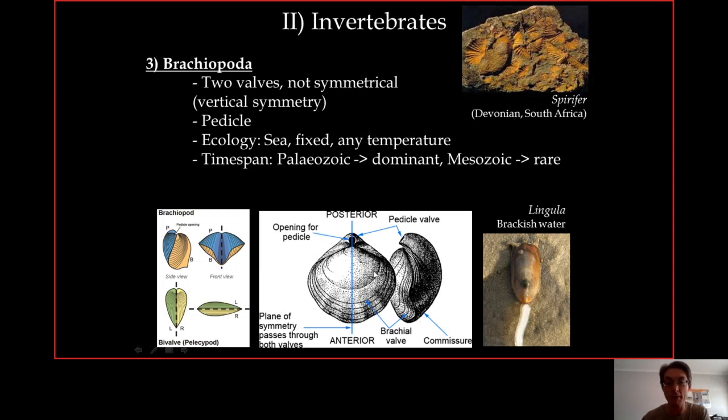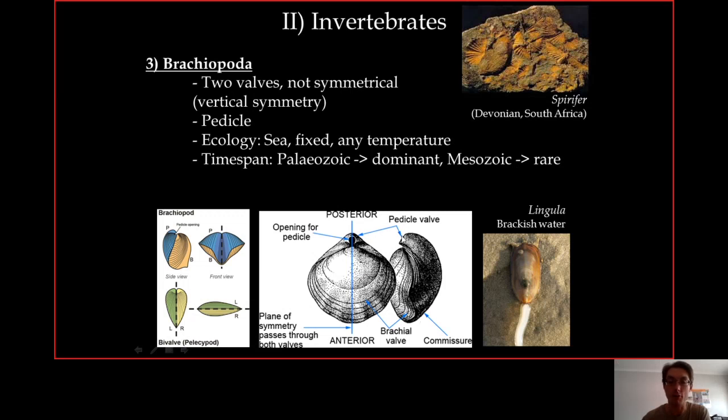And this is due to the fact that one of the valves in brachiopods has this tiny hole, that opening for the pedicle. And they use that pedicle. That pedicle is basically a foot, so you can call it a foot instead of a pedicle if you want. So you have a pedicle valve, a valve that bears a foot, and that foot is attached to the ground.